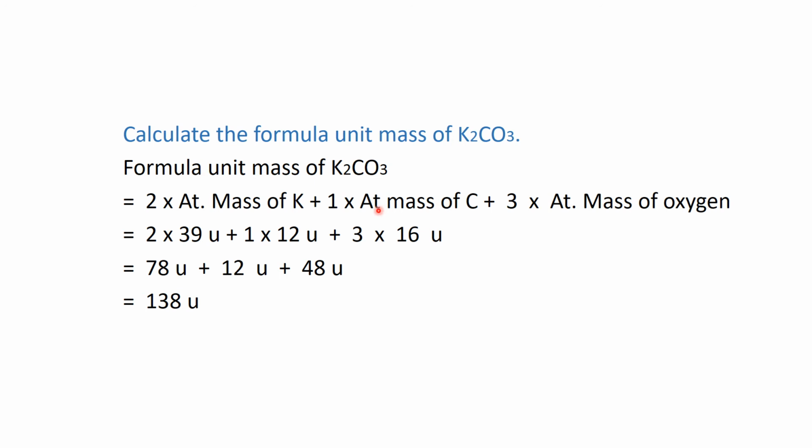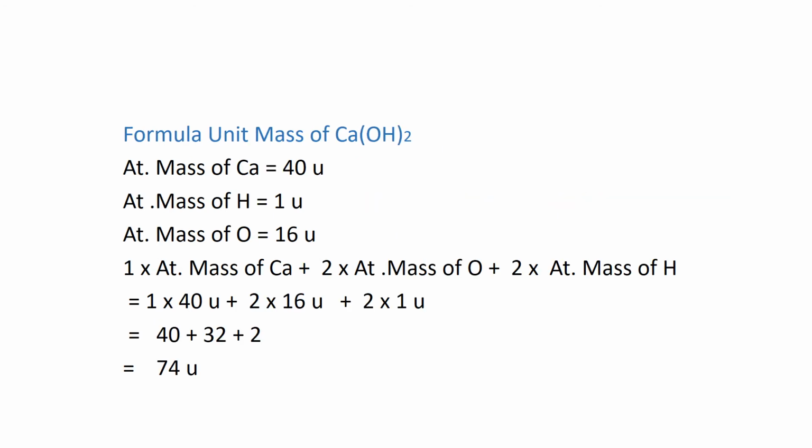Carbon is a single atom, so 12 unit, and plus 48 unit, 16 threes are 48, and when you add all these it becomes 138 unit. So what is the formula unit mass of potassium carbonate? That is 138 unit.